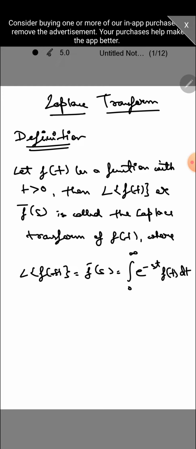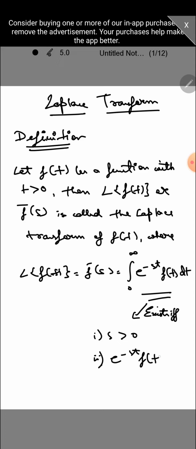So there are some properties of this particular integration which is given in the Laplace transform. Basically this integration exists if one, s is greater than 0, and two, e to the power minus st f(t) is less than m, where m is some finite number.